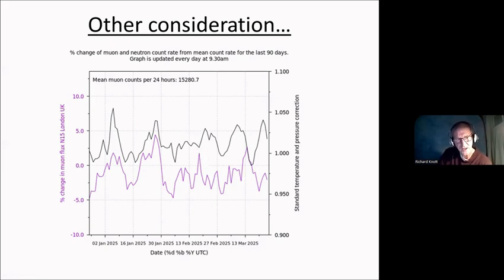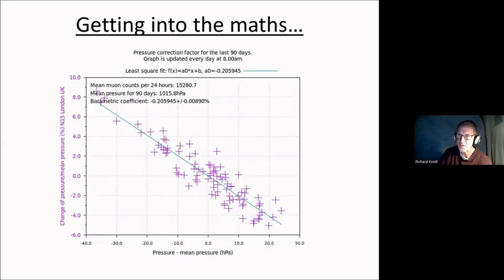And looking further at the papers that were talking about how environmental conditions impact on muon counts, they put forward that we should calculate a barometric coefficient. And I've been able to do that for our detector.